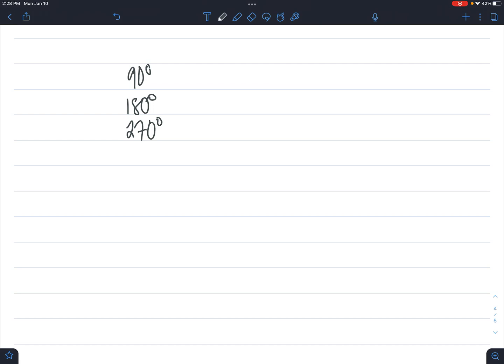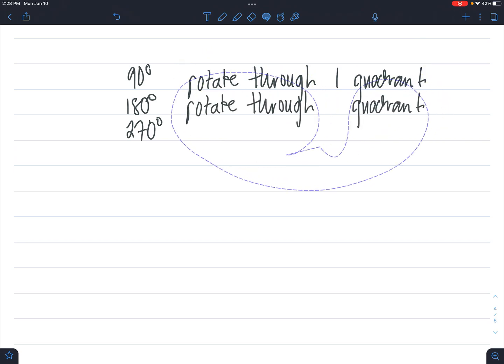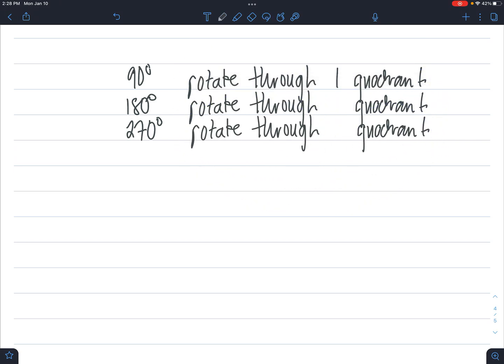If you have a point, a 90-degree rotation is going to rotate through one quadrant, a 180 is going to rotate through two quadrants, and 270 is going to rotate through three quadrants.